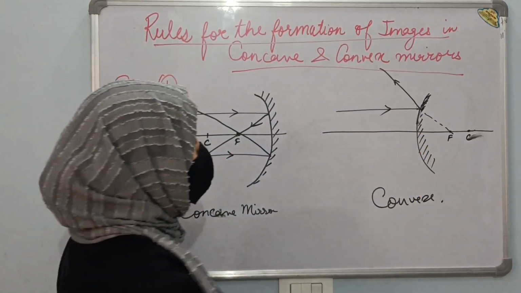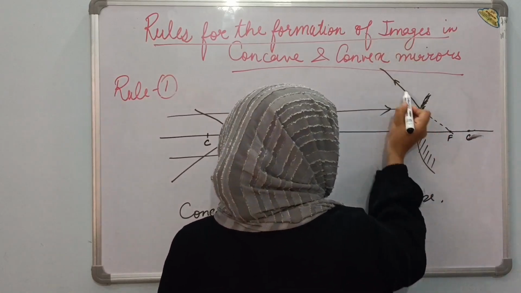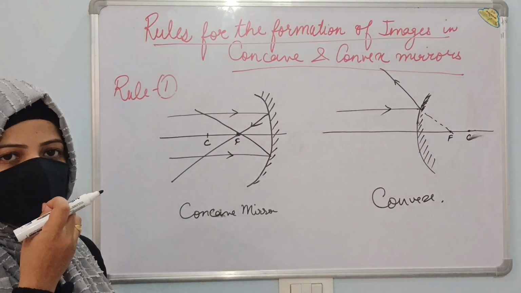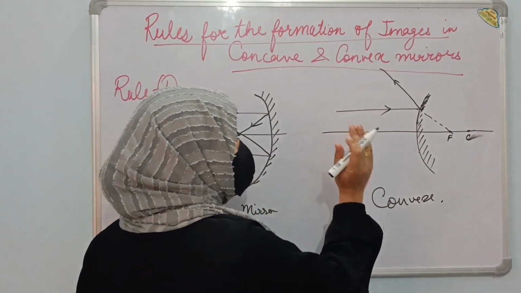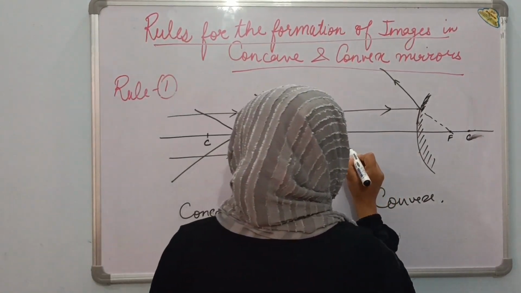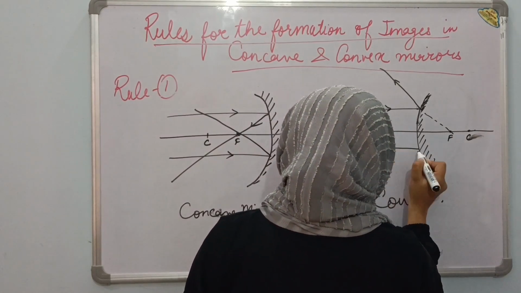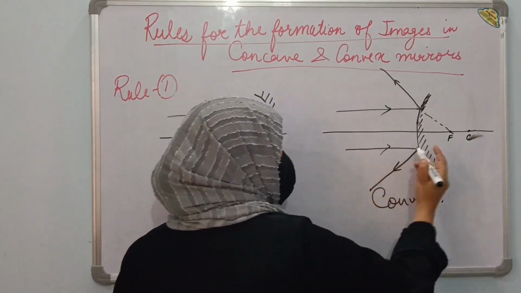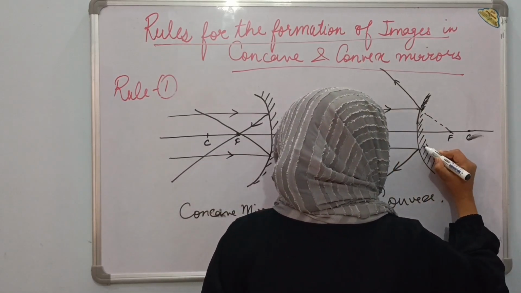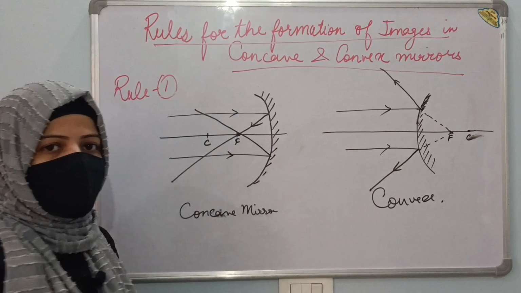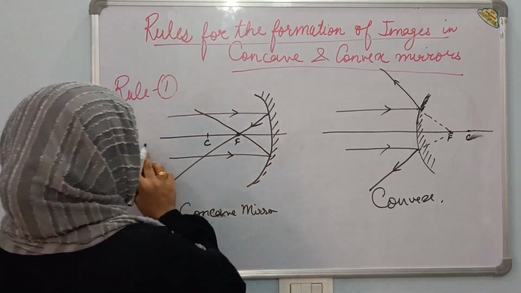Okay, it will appear as if it is coming from this focus. The word appear will always come in case of a convex mirror. Even if you take a ray of light from here, it will always diverge in such a direction that when you view it from this way, it will appear as if it is coming from this focus. All right, so this was rule 1.